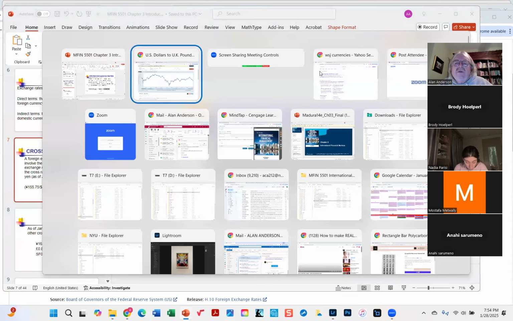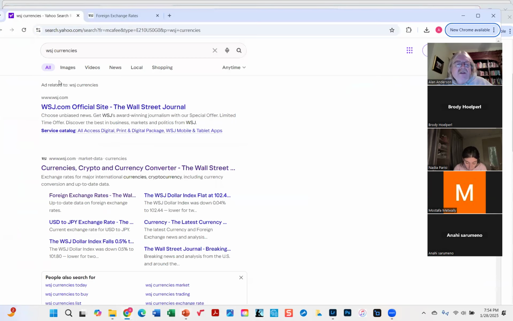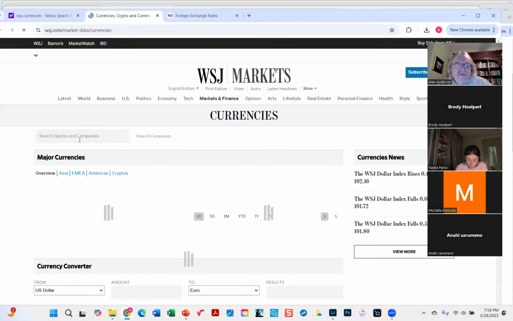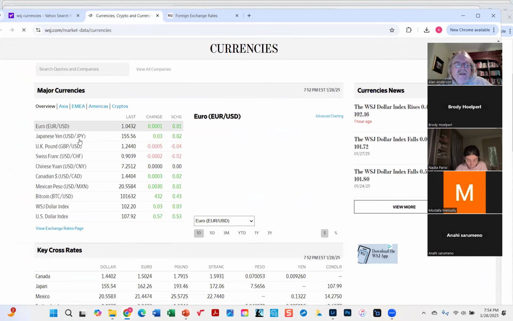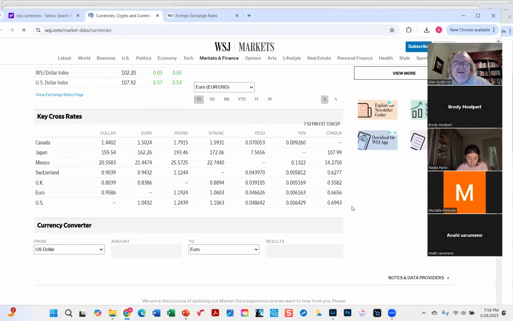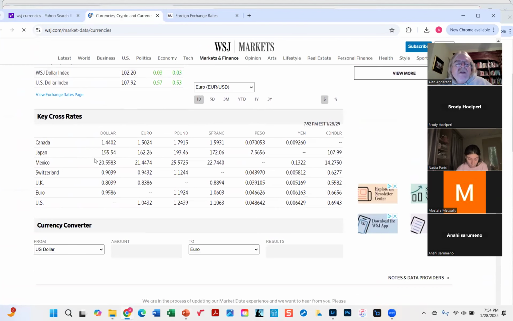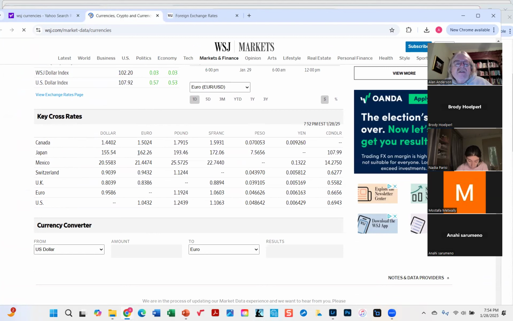If you look again at the Wall Street Journal page, it does have a list of them somewhere. Here we go. Key cross rates. So how do you read this table? Well, let's look at this Japan. This tells me that it takes 162.26 yen to buy a euro.